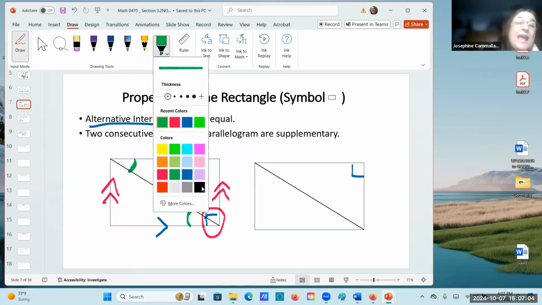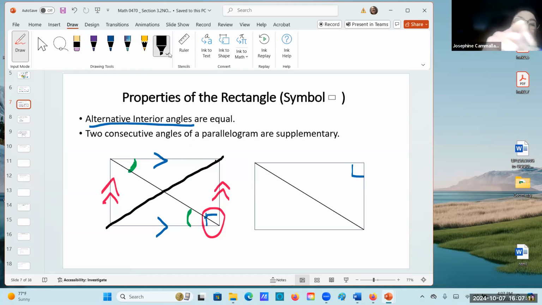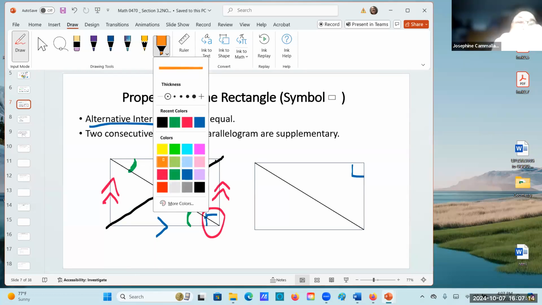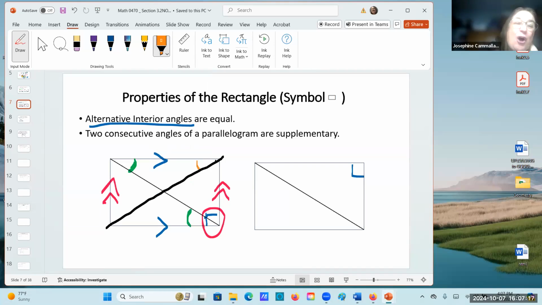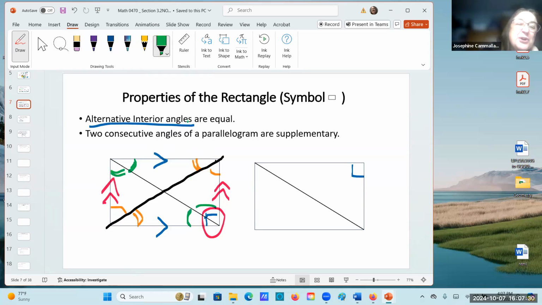You will also sometimes have a second diagonal, which I'm putting in black. And this will give me alternate interior angles. I'm going to put one orange, and I'm going to do two greens here, two greens here. Alternate interior angles are equal.